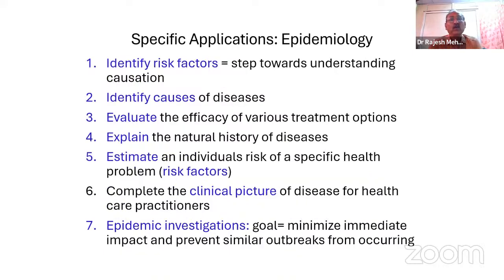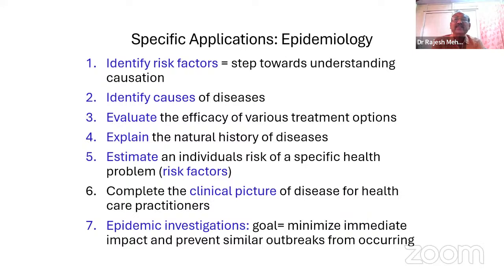Now, where do we apply this epidemiology? In this case, heat stroke, you have come up with one study. So what are the risk factors? Who are the people who are likely to have more heat stroke? So we can identify the risk factors. We can also try to identify the cause of the diseases.